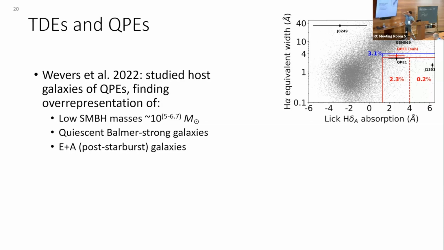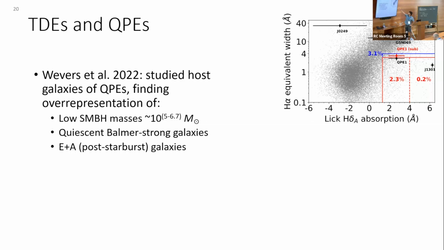In addition to that, there seems to be a significant overrepresentation of QPE sources in this region of post-starburst galaxies. So, low H alpha equivalent width, indicating little ongoing star formation, and then high absorption, indicating a recent starburst.